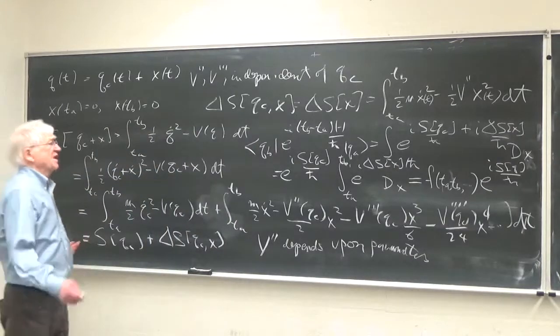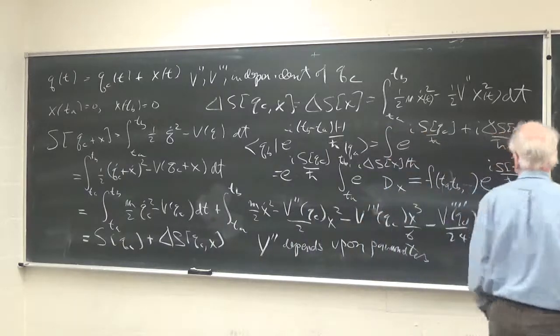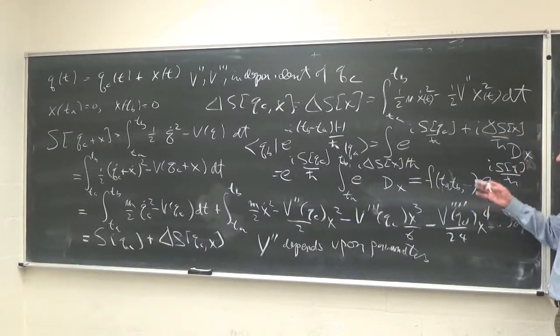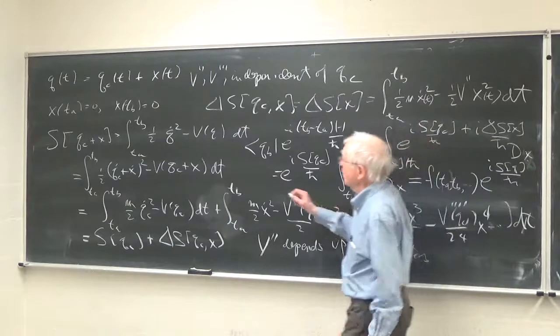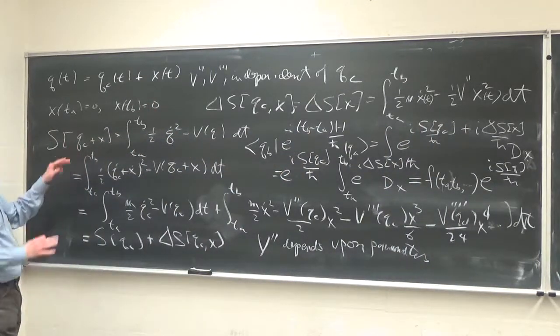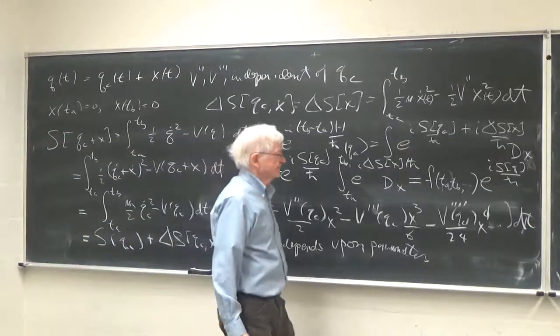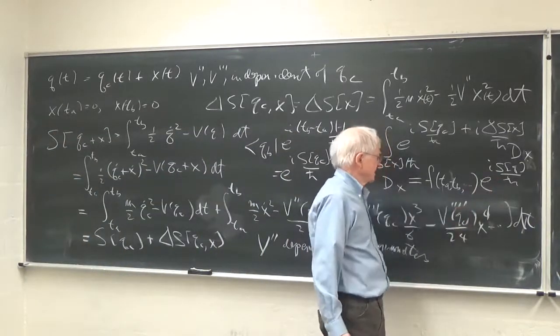Now, of course, if there is no path to go, classically, from the initial state to the final state, then this analysis doesn't work because we don't have this classical path to approximate around. And so this term would be meaningless.